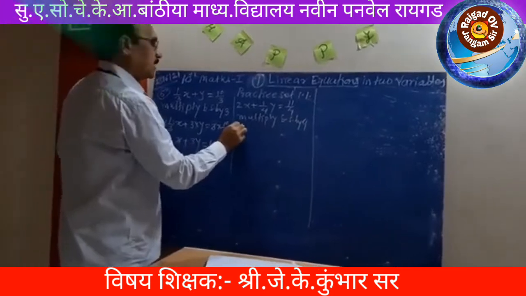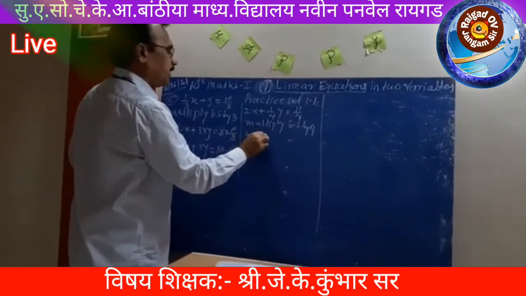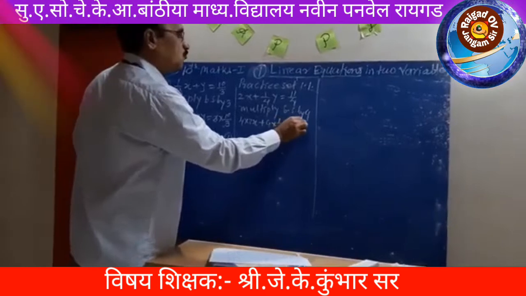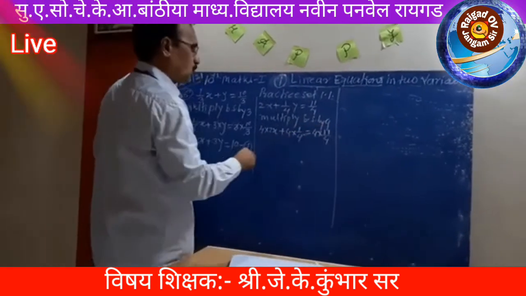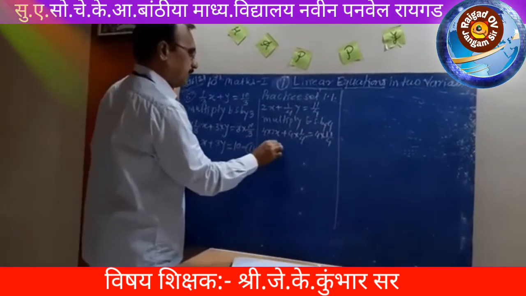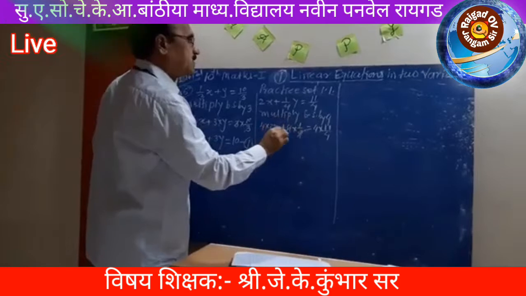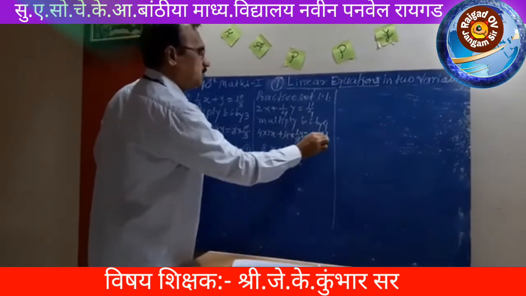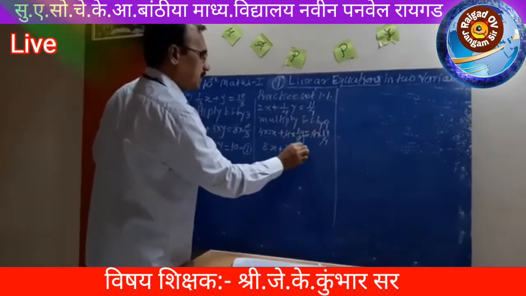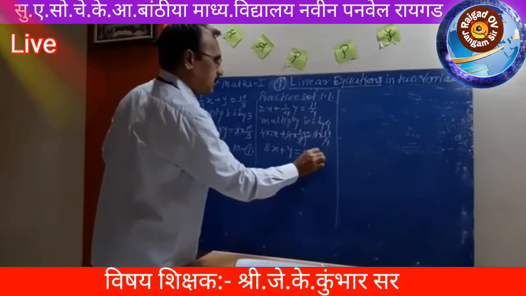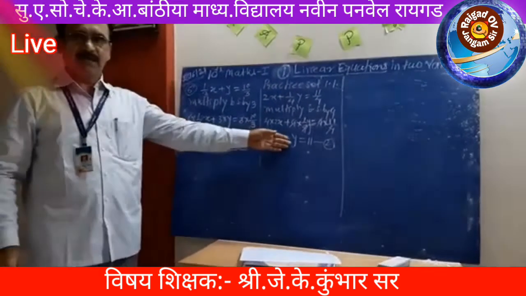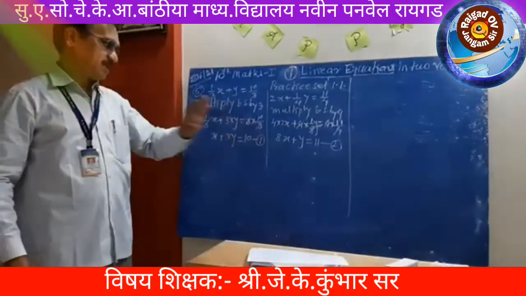We can write 4 into 2x plus 4 into 1 by 4 y is equal to 4 into 11 by 4. 4 twos are 8x, 4 gets cancelled, plus y is equal to 11. This is equation number 2. And now these equations are in standard form or general form of simultaneous equations.